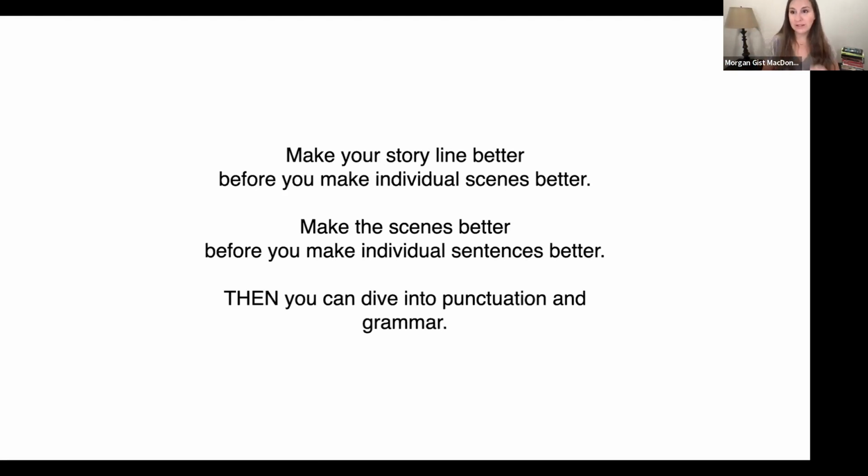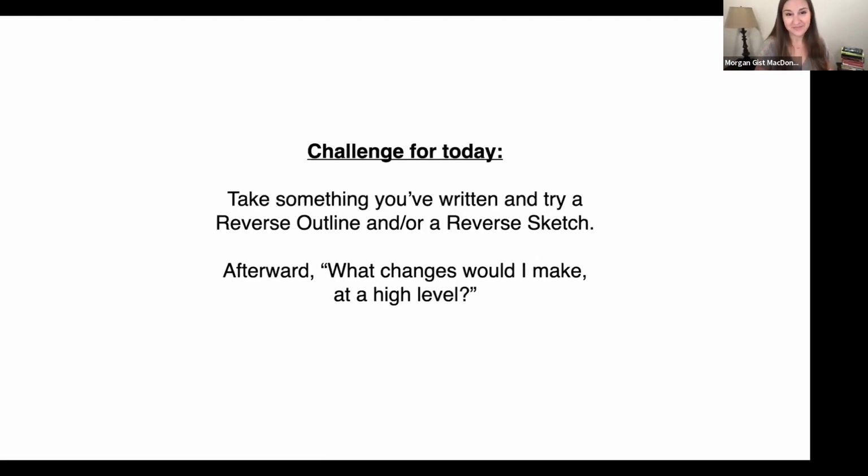So hopefully this helps. Okay, good. And so my challenge for you today is to take something that you have written and try a reverse outline or a reverse sketch. It can be a little bit cumbersome the first few times that you give it a go, but eventually you're just training your brain on how to click into this cognitive function of being able to stay high level, take the notes, and not dive into the weeds.